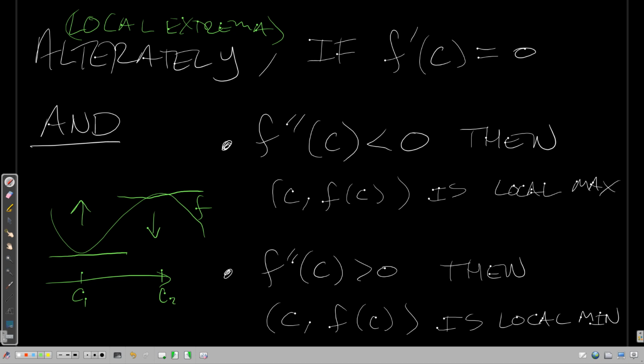So if we can determine the concavity at the places where the tangent line goes horizontal, then you can know if it's a local minimum or a local maximum.